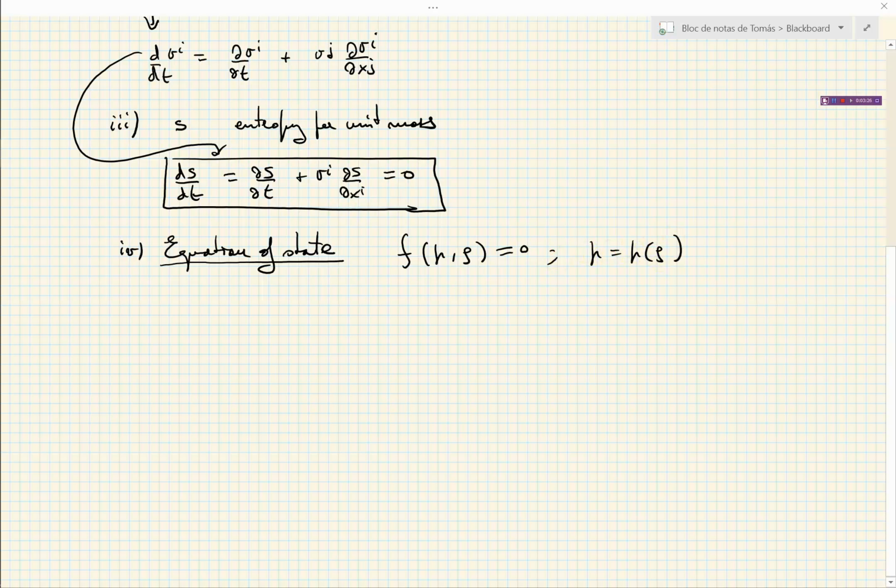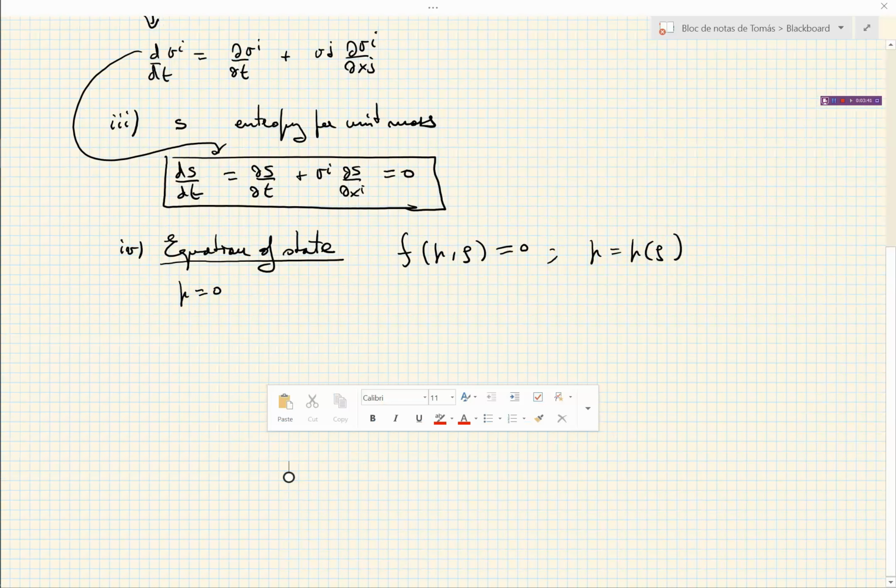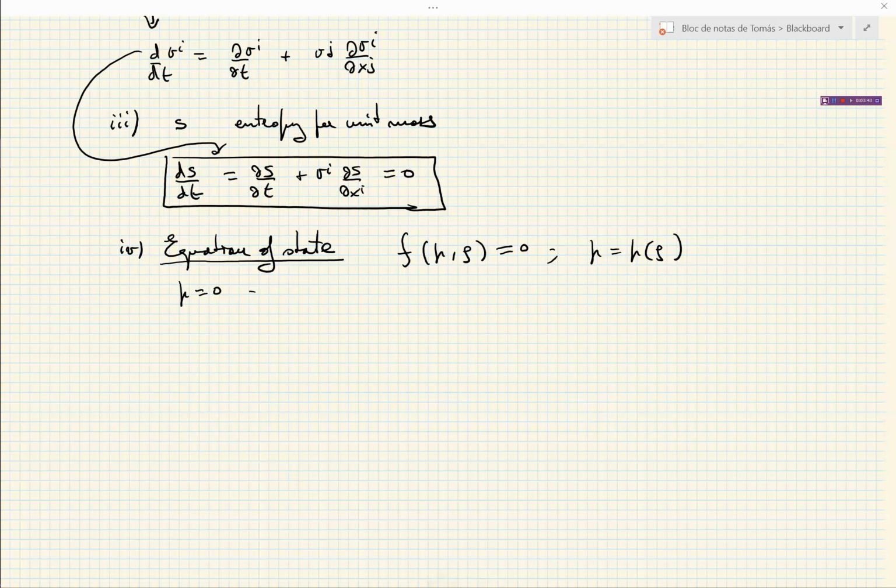Let me mention one particular case, just as we mentioned the incompressible fluids, as fluids for which rho is constant. There is a kind of fluid that has zero pressure. A fluid with zero pressure is called dust, especially in the astrophysical or cosmological context.